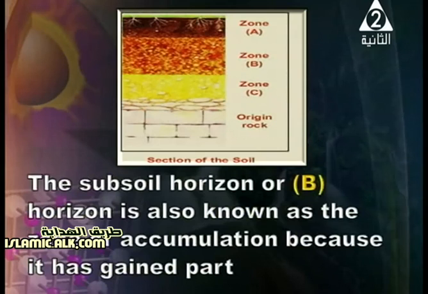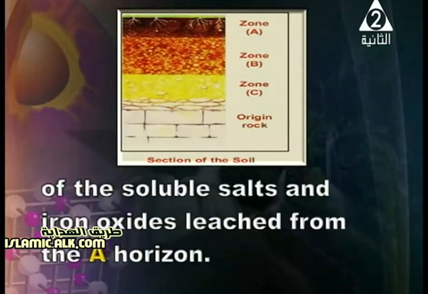Then we have the next subsoil horizon. It is the B horizon. It is also known as the zone of accumulation because it has a great part of the soluble salts and iron oxides leached from the A horizon. So many of the salts which percolated from the A horizon go down to the B horizon.